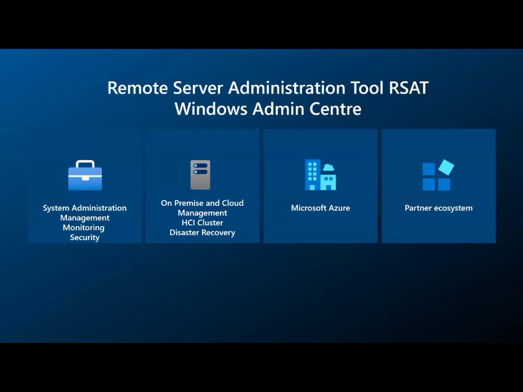So for all these functions related to the on-premise data center, the hybrid cloud infrastructure, and the cloud infrastructure and partner ecosystem, we have a tool which provides lots of implementation and management capabilities. This tool is known as Windows Admin Center.